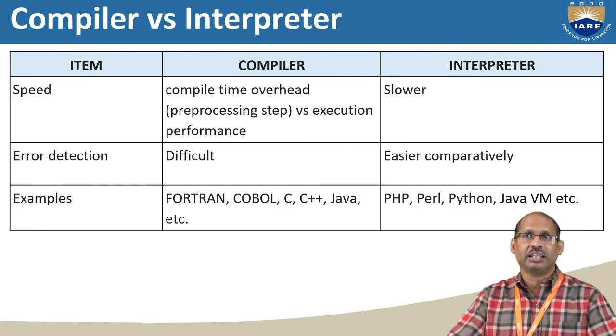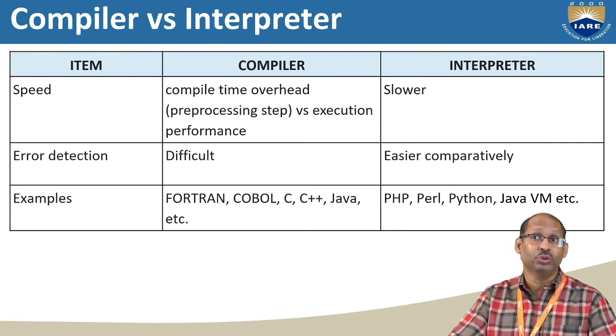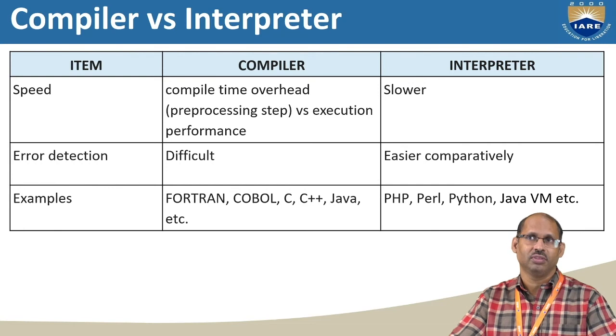Next, speed. Here the compile time overhead versus execution performance are both considered. Once it is compiled, execution will be done at a faster level. But in the interpreter, the execution will be slower.